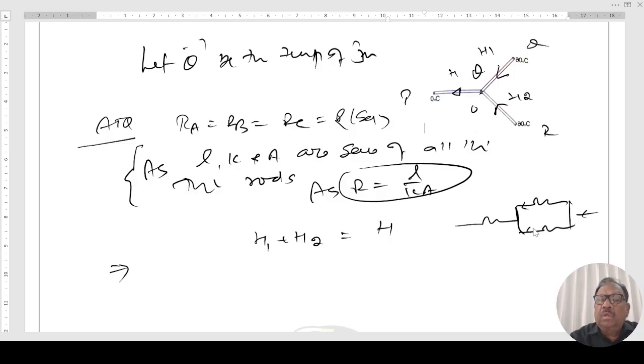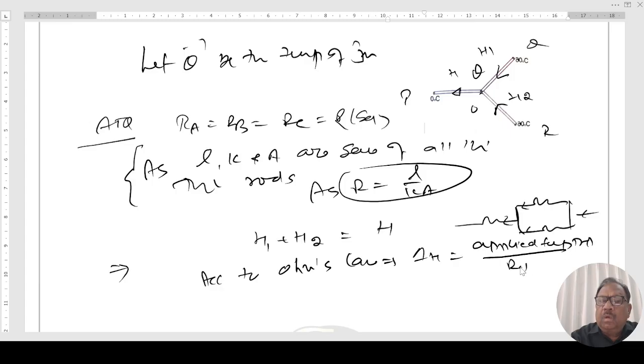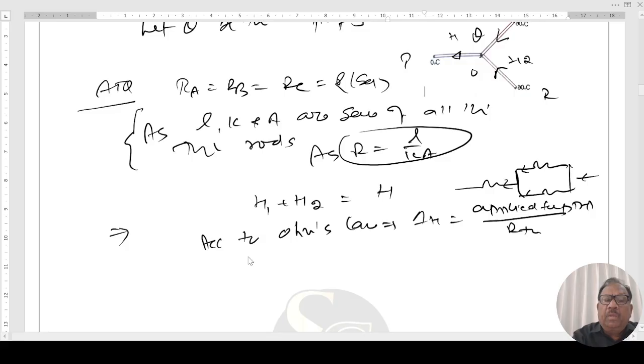This current is coming, this current is coming, this current is coming. Now, according to Ohm's law, delta H equals the applied temperature difference upon R thermal.